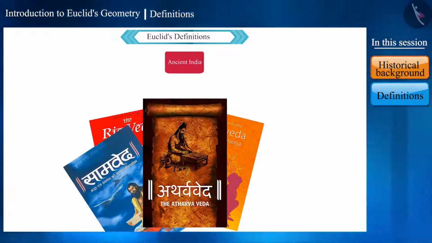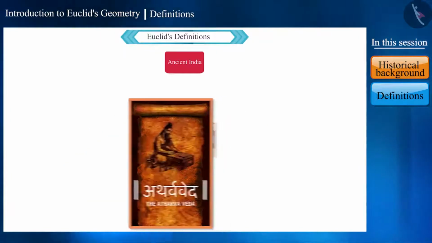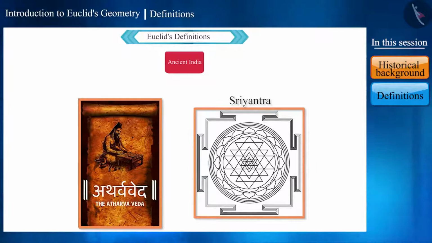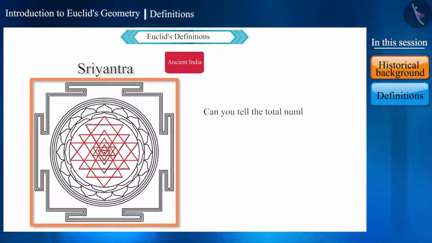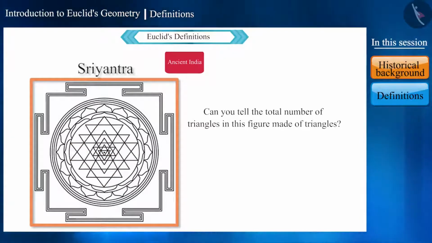We have found evidence of knowledge of geometry. In the Sri Yantra given in the Atharva Veda, 9 isosceles triangles connected with each other are hidden. Can you tell the total number of triangles in this figure made of triangles? These are arranged in such a way that 43 small triangles can be formed from them.